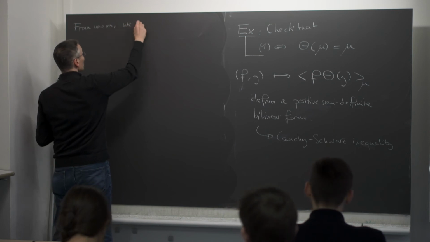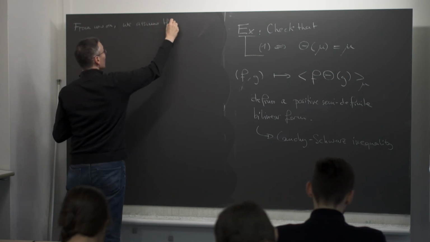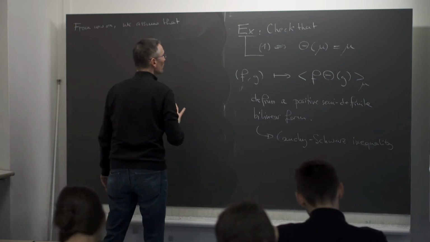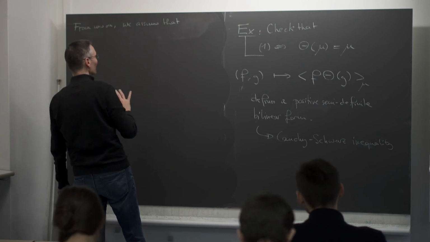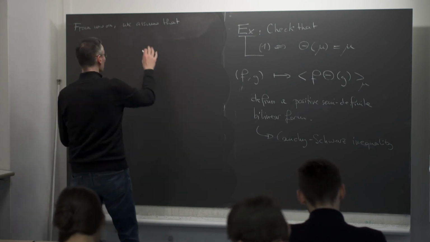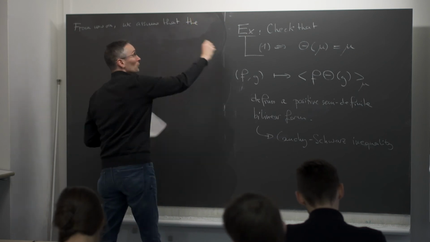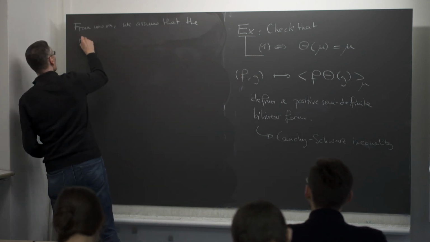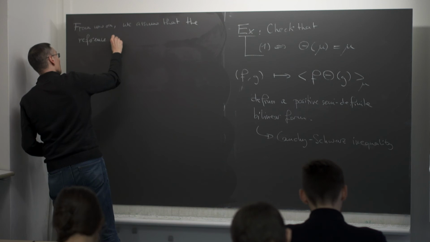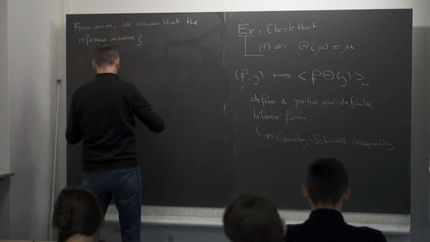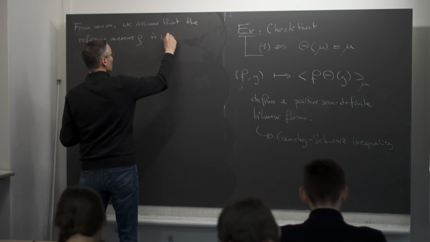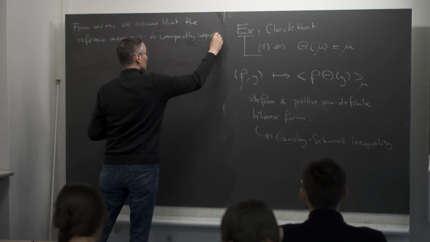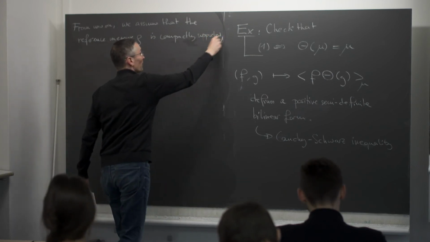So from now on, we are going to assume, it's not actually very important, but it's technically very useful, and for the examples I have in mind, this will always be true, that the reference measure rho, the measure that is associated to each single spin space, is compactly supported, and is a finite measure.